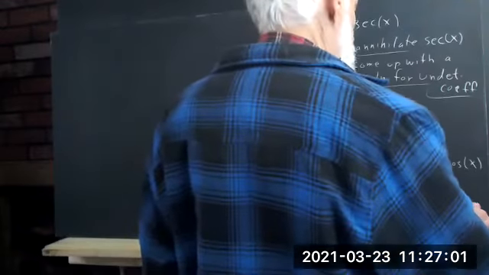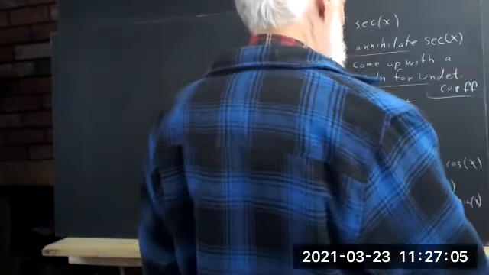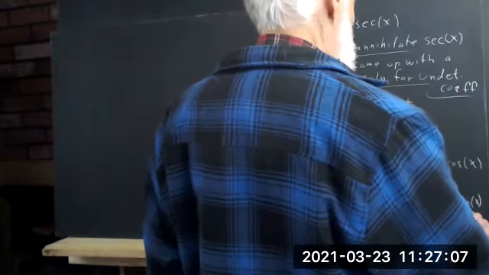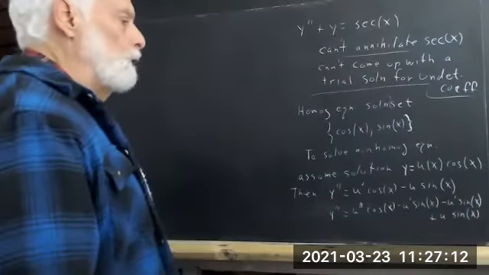And then here we have minus u prime sine of x plus u cosine of x.